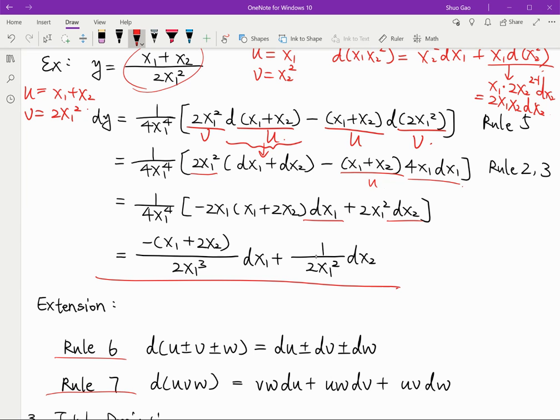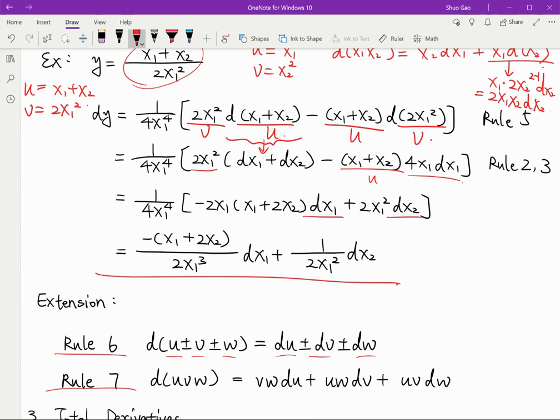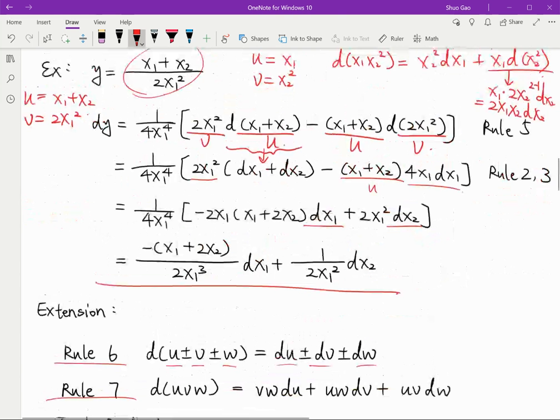So the differential of u plus or minus v plus or minus w is just du plus or minus dv plus or minus dw, right? So we can get rid of the parentheses by taking differentials one by one and adding or subtracting them together.